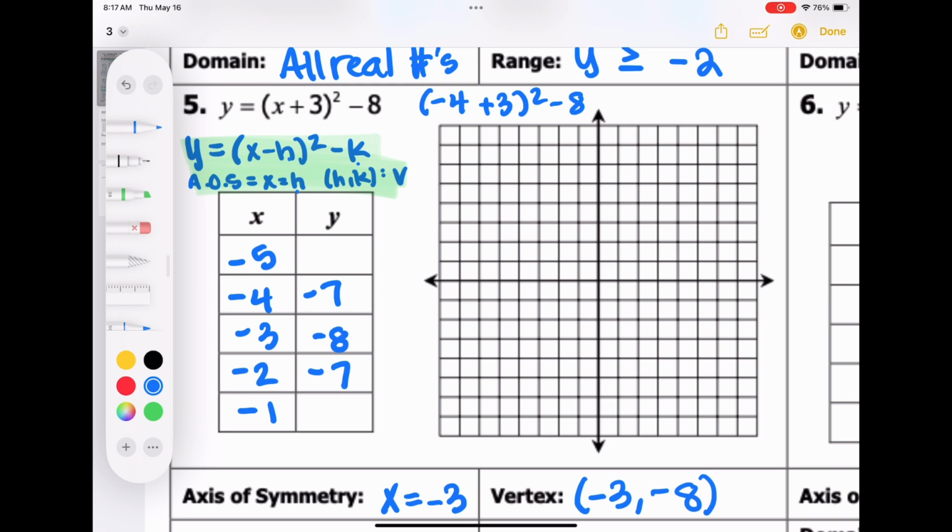Then I'm going to go back and plug a negative 5 in, and when I do that, that's going to give me a negative 4, and I'll also get that for negative 1. So now we're going to plot these points on our graph.